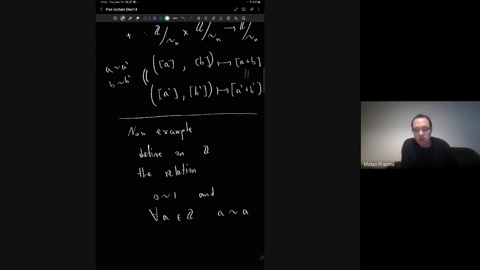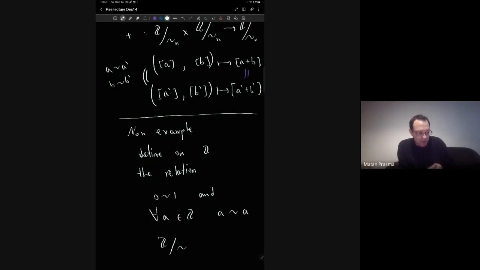Okay, and now this is an equivalence relation. It's very easy to check. But the quotient set, Z modulo this equivalence relation, does not have the operations of addition and multiplication; they are completely destroyed, right?